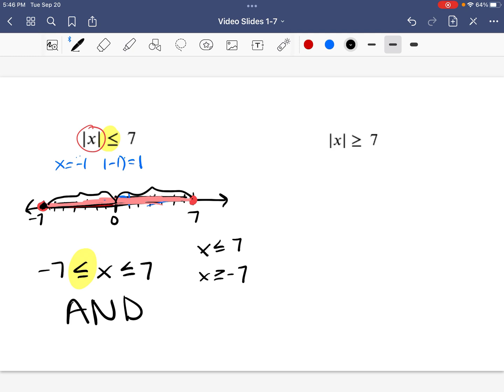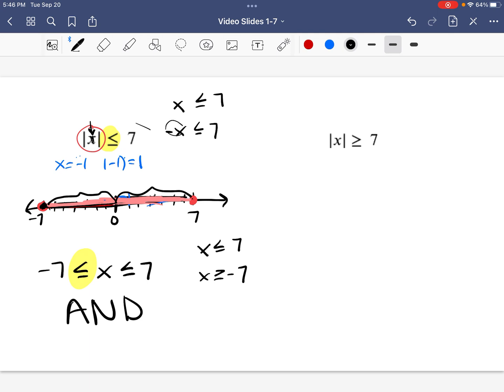Remember that when we were solving equations, we would set up two different equations, because we didn't know if the number inside was positive to begin with to get us an absolute value of +7, or if it was negative. So I could do these two things. I could say the positive x is less than or equal to 7, and negative x is also less than or equal to 7, like if this were a negative number inside there.